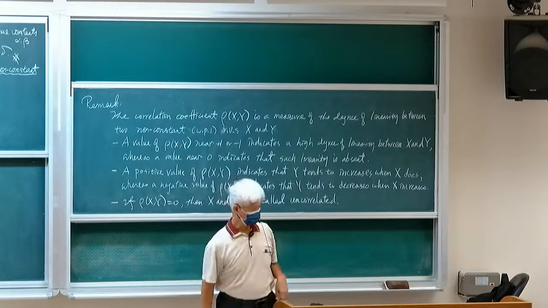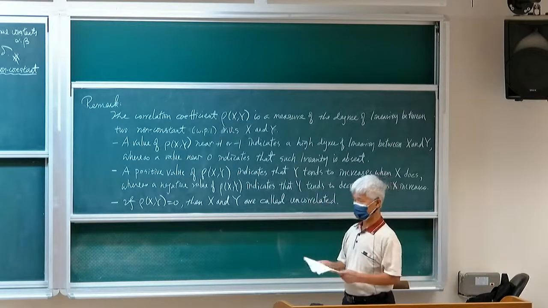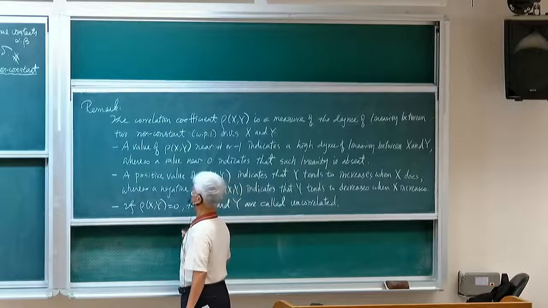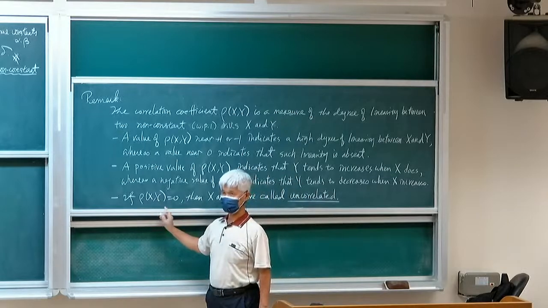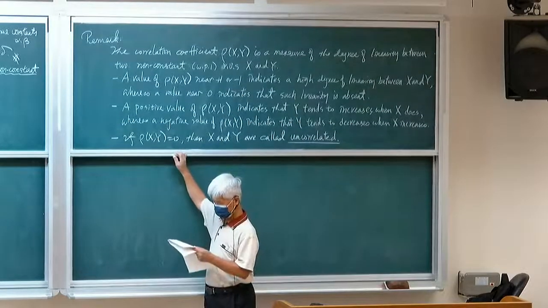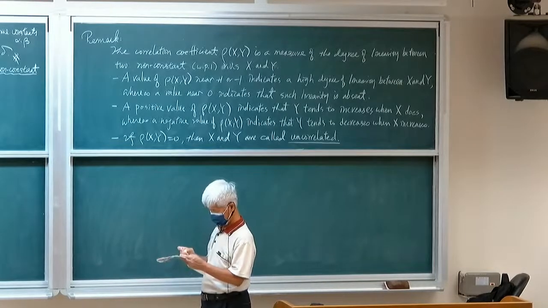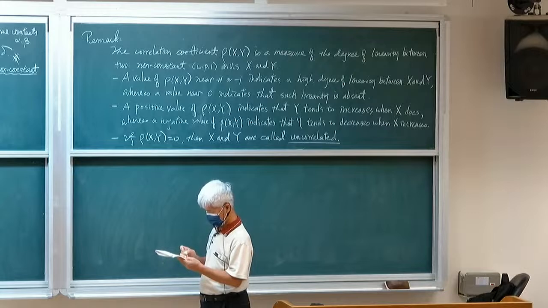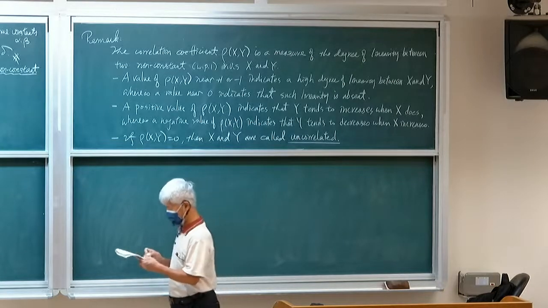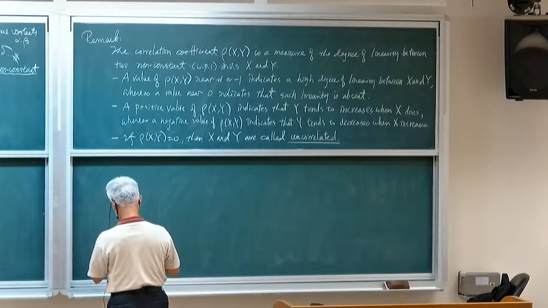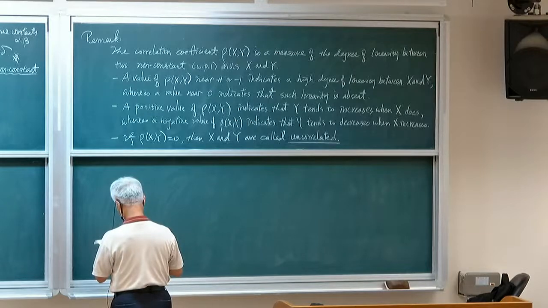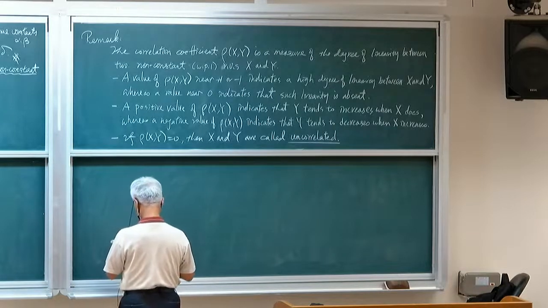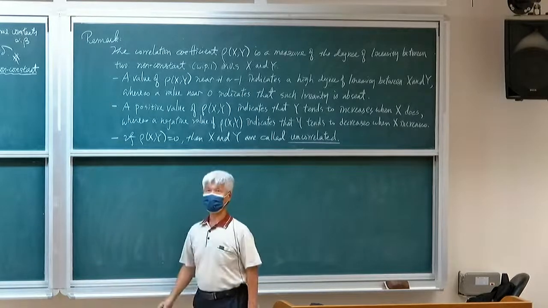They will lose a lot of money. So they are called uncorrelated when the correlation coefficient is 0. Okay. Any questions?